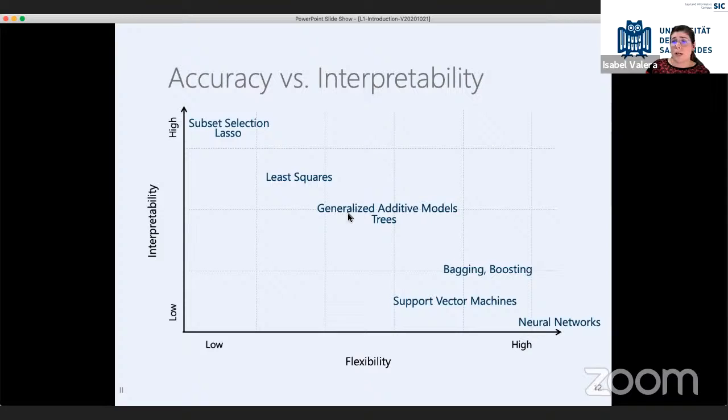But we also have some other models like trees, generalized additive models, bagging, boosting, support vector machines, and as some of you were asking, neural networks are here, right? Because we can have an arbitrarily large number of parameters.